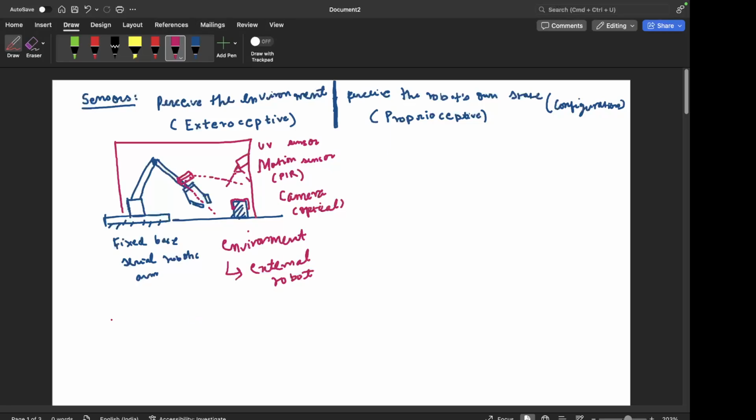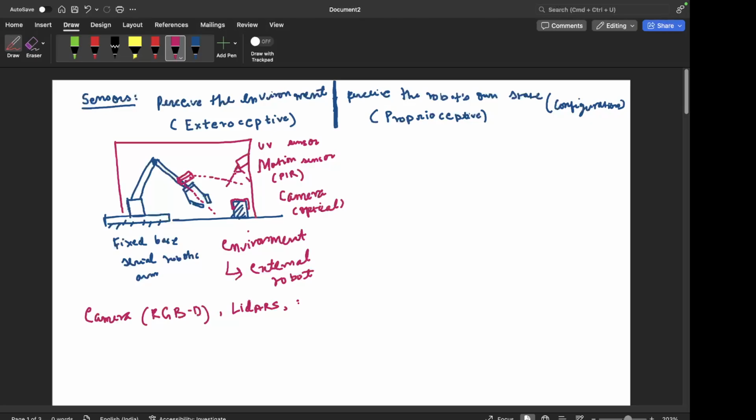And the common examples, a couple of them you have mentioned. Cameras are also of different types. Commonly used is the RGB depth camera. These are stereo cameras. Then there are lidars, which use laser beams to detect the surroundings.